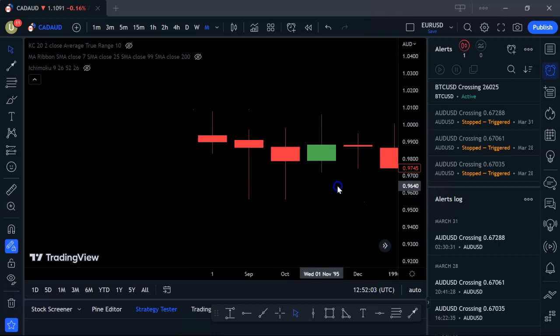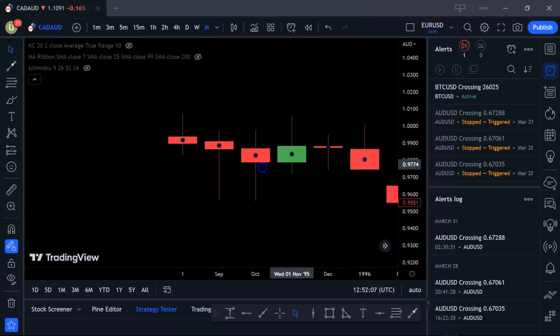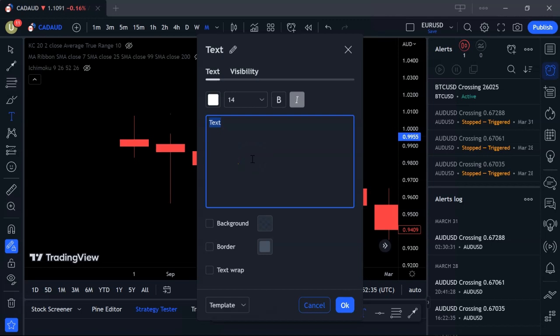So let's go to the green one. Relative to the closing price of this one, the market opened here and it went down, then it moved up in price and got to this point, and then it went down again and closed here. So this is the closing price of this market.